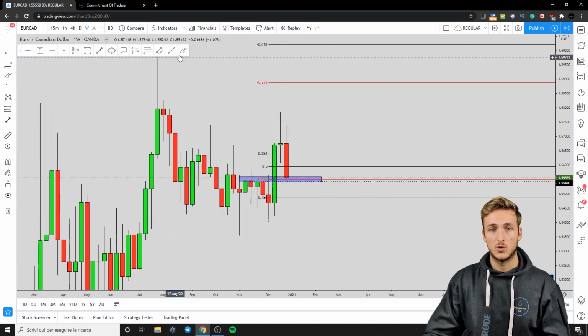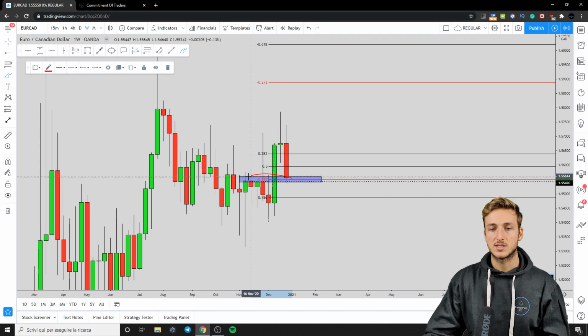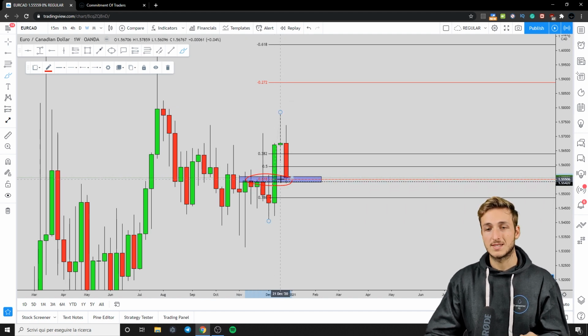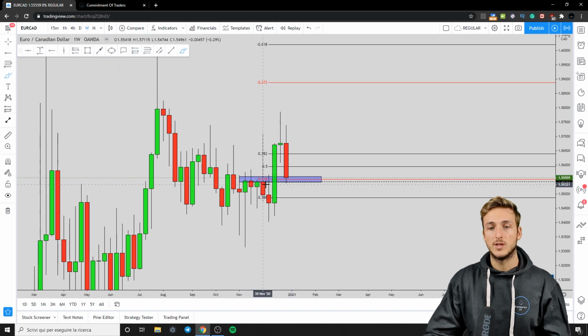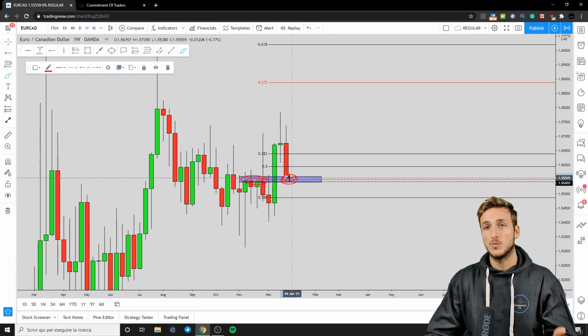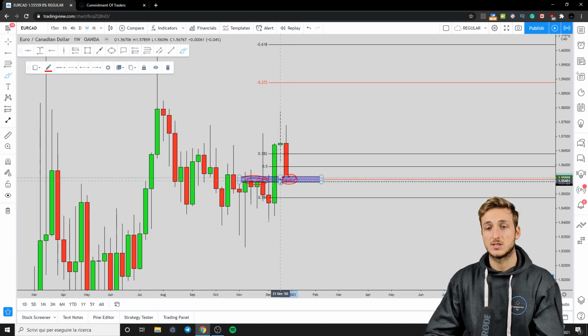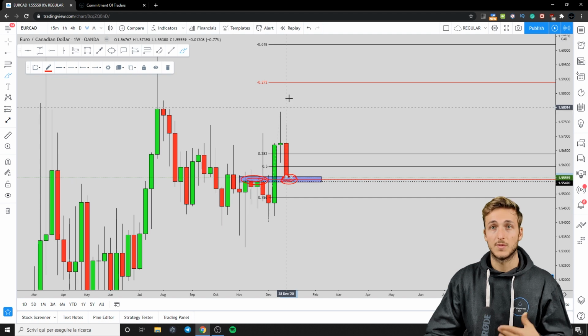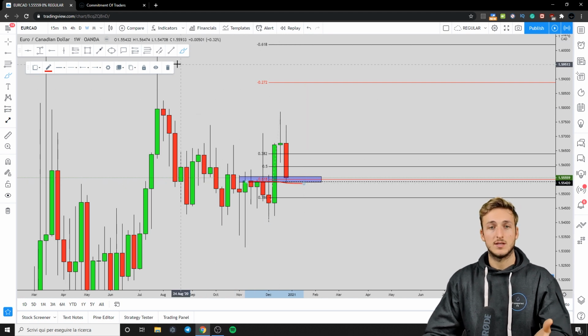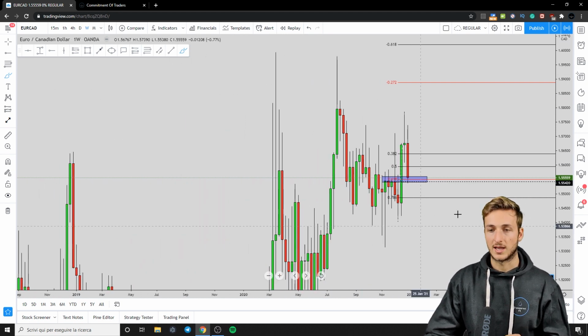If we zoom in, we can notice that the 0.618, the golden ratio, is lining up perfectly with the previous weekly resistance, which is now turned support here, in confluence with the previous structure resistance now turned structure support, and in confluence as well with the weekly closes that we have just identified by going down on a line chart.